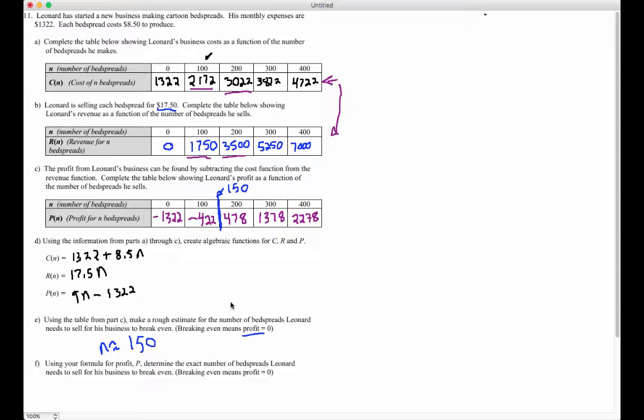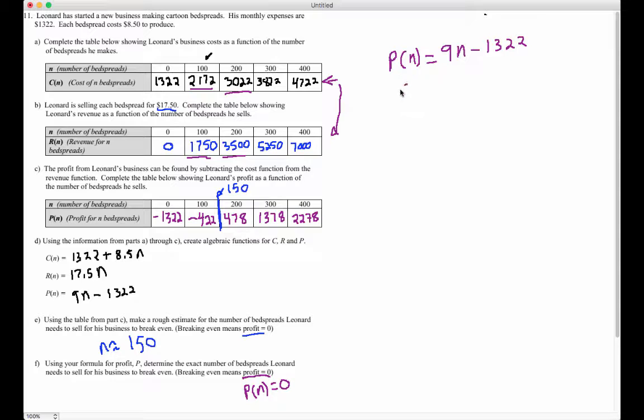So now using the formula for profit P, determine the exact number of bedspreads that a lender needs to sell for his business to break even. Okay, so what that means is that we're going to come over here and take our profit function, our P of n, which was equal to 9n minus 1,322, and we're going to set that equal to 0. In other words, set the profit equal to 0, which means make P of n equal to 0.